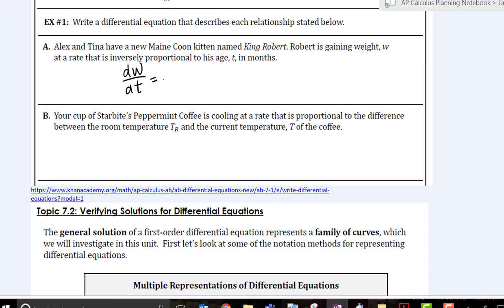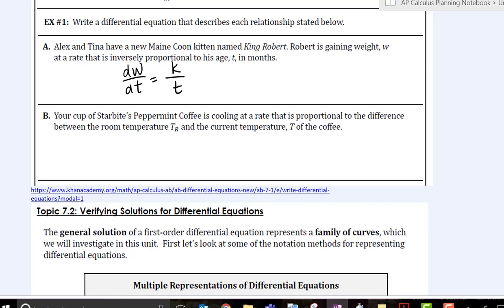So since this guy's in the numerator, his age needs to be in the denominator on the other side. The other thing that we have here is this constant k who comes into the numerator. I don't know what that constant is, and I also want this to be an equation that works for any age in months, any weight, and also any constant of proportionality. So we use this k here as just an unknown value so that we can apply it to any scenario.